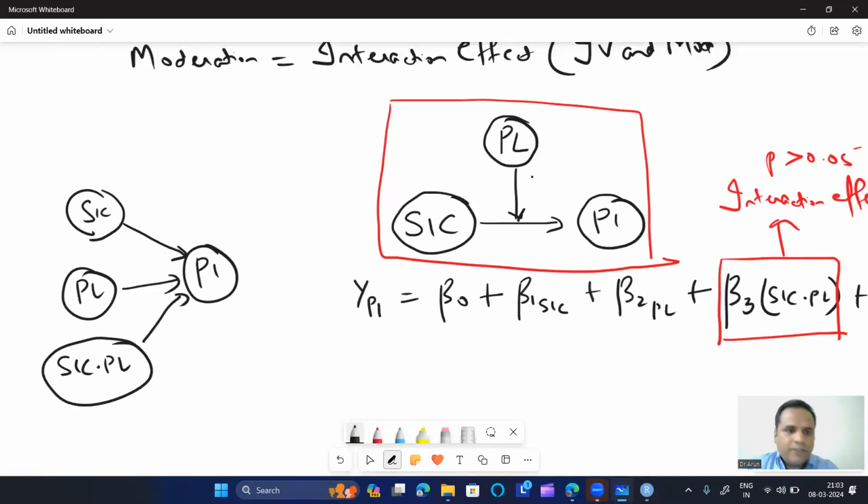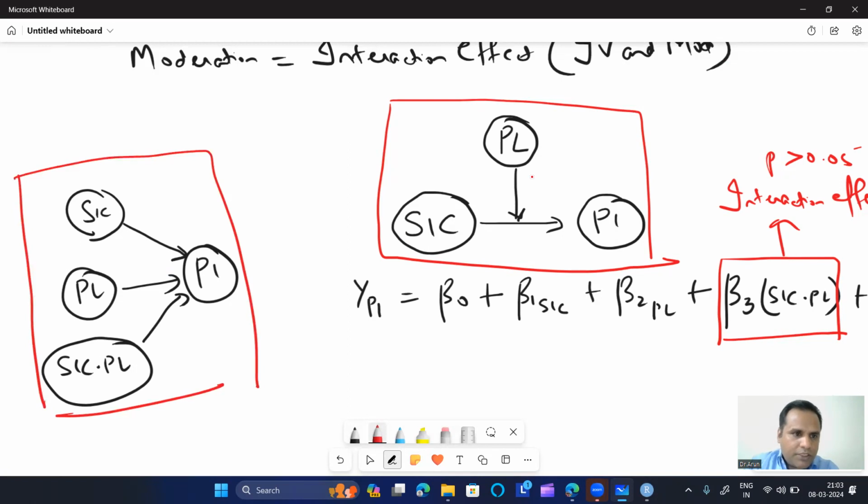So the diagram that you see before you is your statistical model, and this is your conceptual model. Whenever you are writing syntax, you should always write syntax from the statistical model point of view.